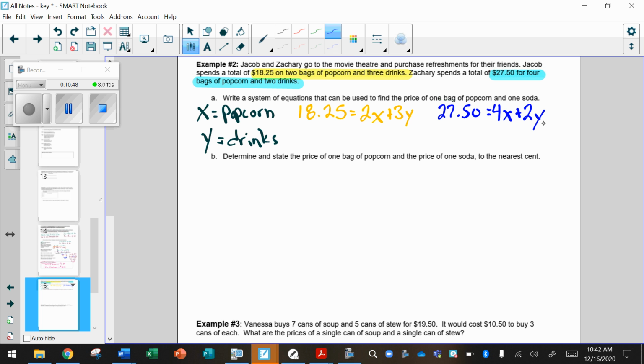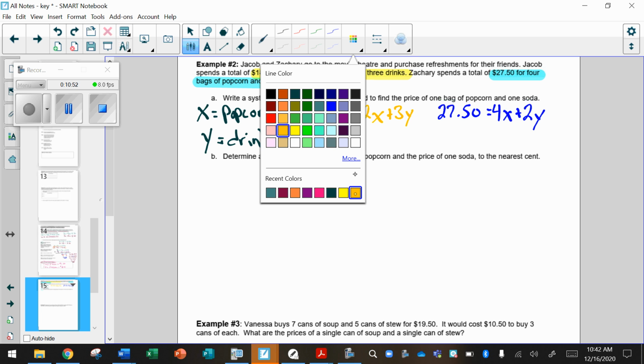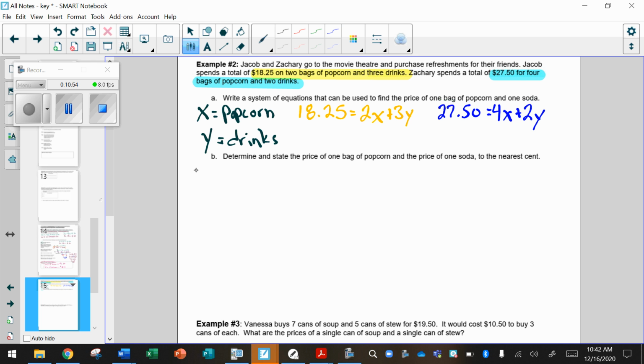So let's take our equations and solve. Step 1 was to line up the equations vertically. So 18.25 equals 2x plus 3y, and underneath it 27.50 equals 4x plus 2y.